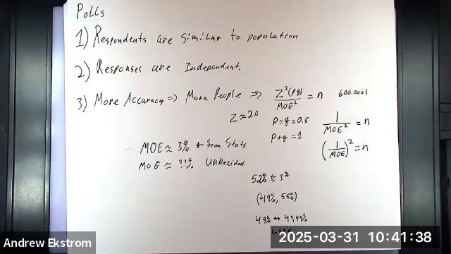What's the opposite of the square root? The square root is square. So you square that, which means you're going to square the margin of error. What's 2 squared?